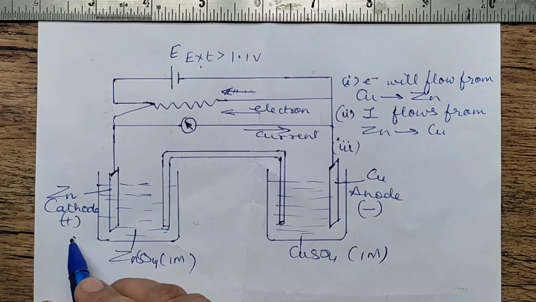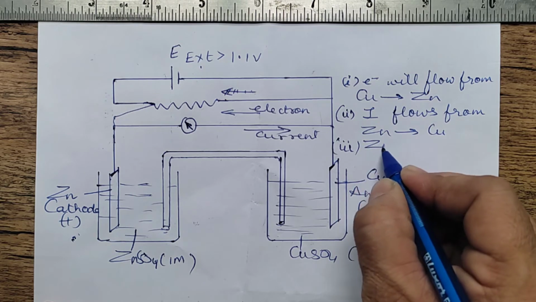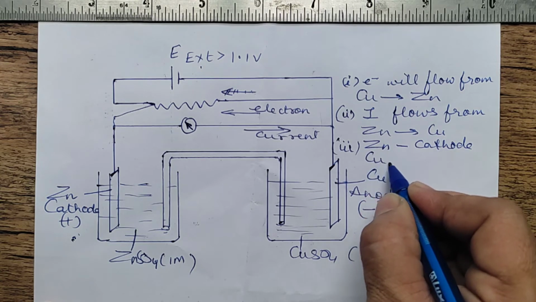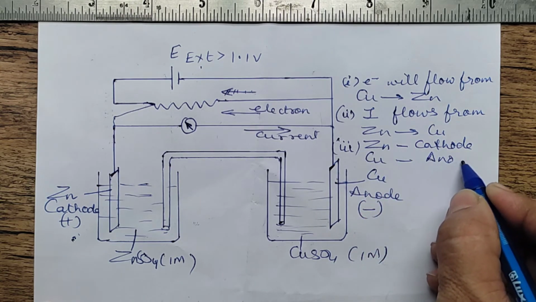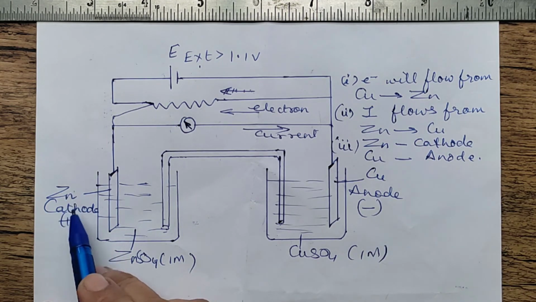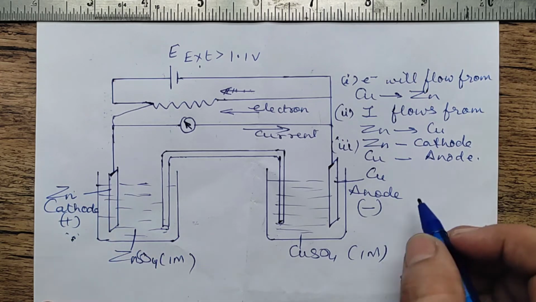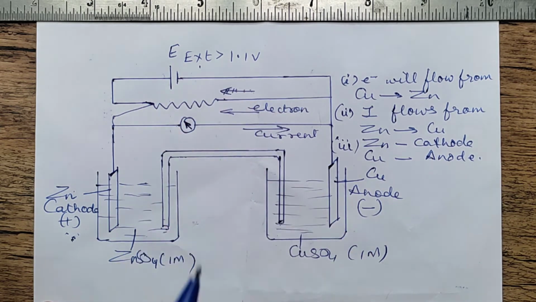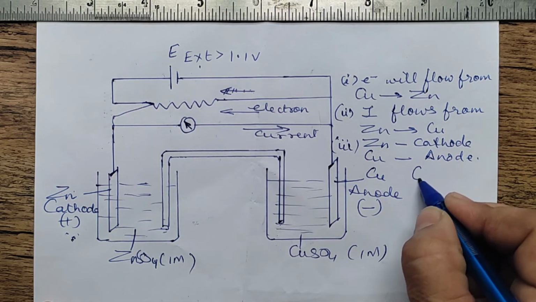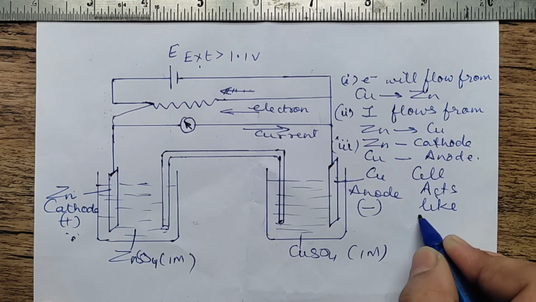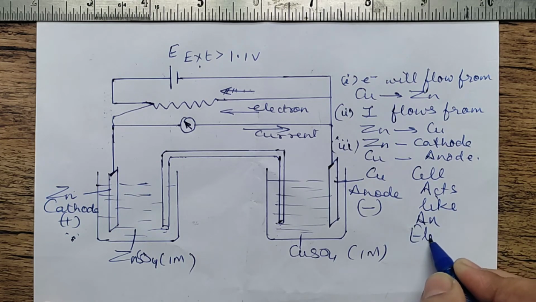Okay, and in this case just observe, very very important. Zinc acts as cathode, copper acts as anode. That means copper is acting as a negative electrode and the cathode, which is zinc, is the positive electrode. Very very important: under this condition, when the external potential is greater than 1.1 volt, the cell acts like an electrolytic cell.